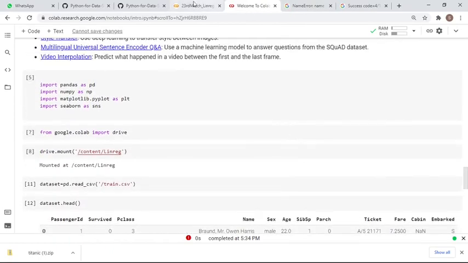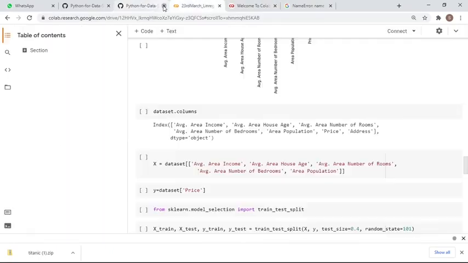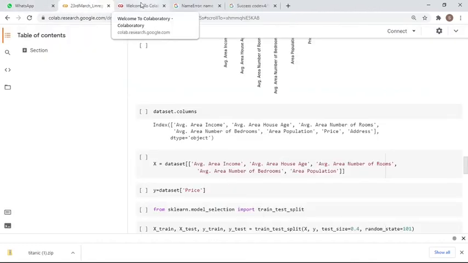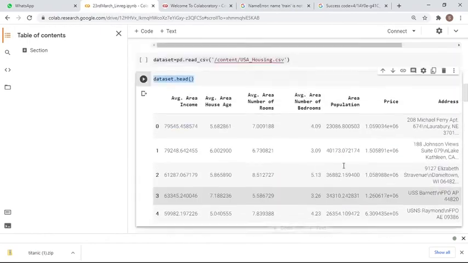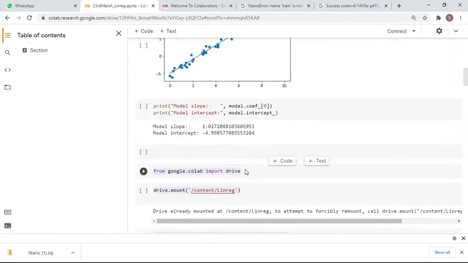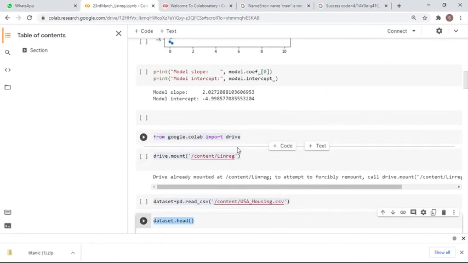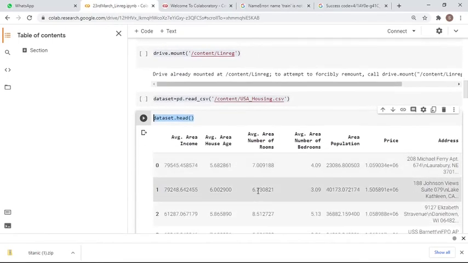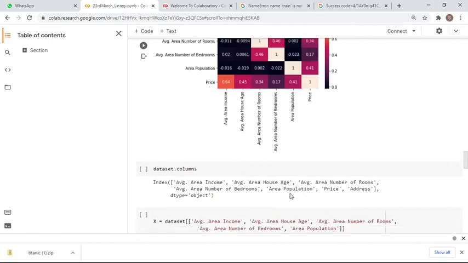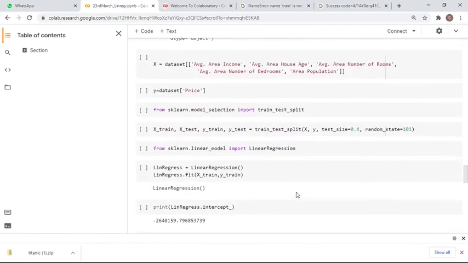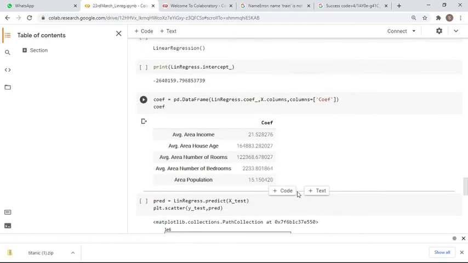So in the last class we saw how in Google Colab we can execute the program. We used the us_housing.csv dataset and got the results, heat map and all. Training, testing, everything we got.